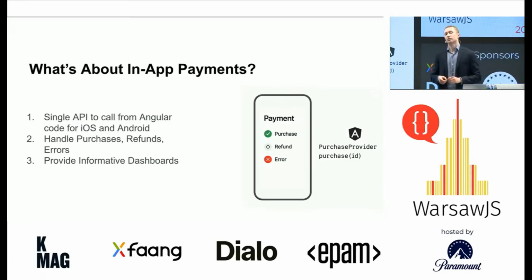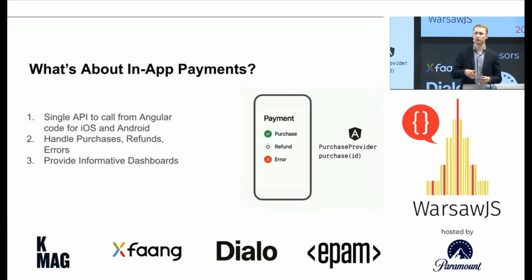And what about the in-app payments? Because this was the reason why we even created this application. So for in-app payments, you need a payment provider, because you want to speak to a single API, because in-app payments on Apple and Google are completely different things and they are implemented differently. This single API allows you to keep your code simple.